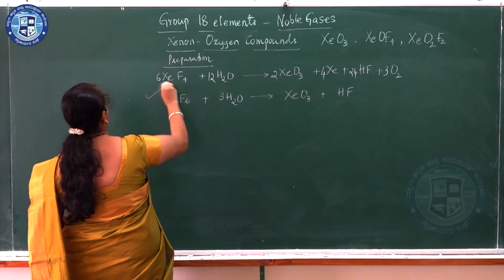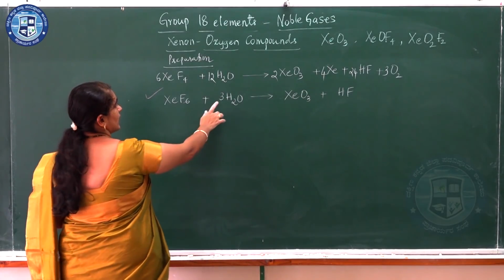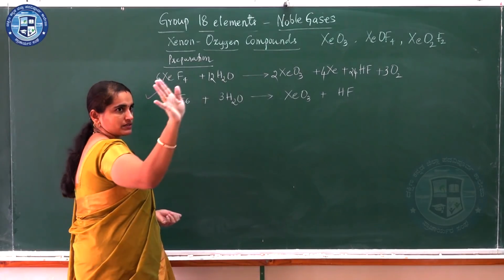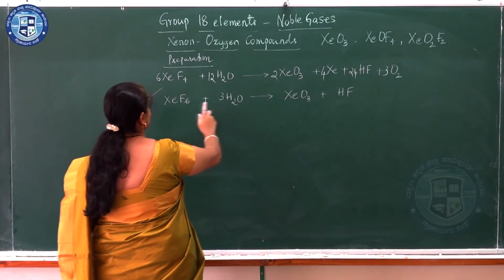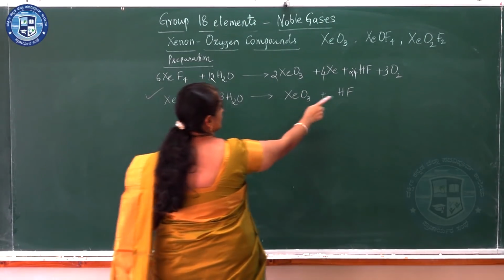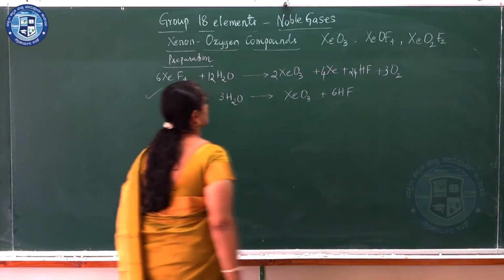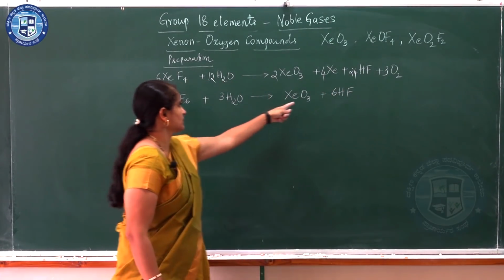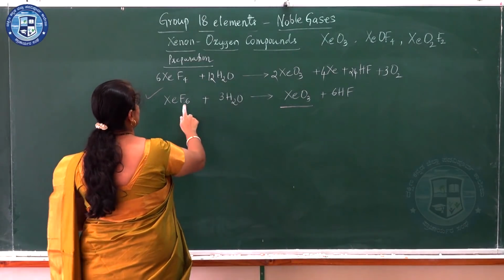I hope you can remember this equation. XeF6 will undergo complete hydrolysis forming XeO3 with HF. It is not balanced, here I should have 6 HF. 3 O, 3 O. I hope you can write this. Okay. This is for the complete hydrolysis.